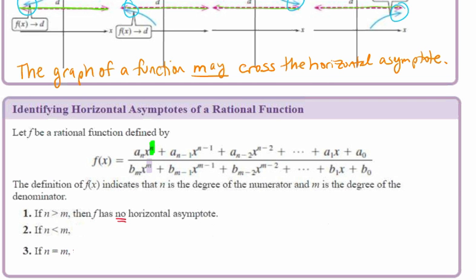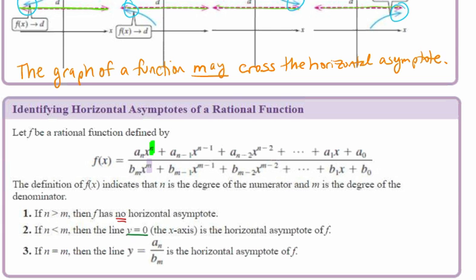But if our numerator's degree is smaller than our denominator's degree, then the line y equals 0, or the x-axis, is going to be the horizontal asymptote of f. And if the degrees are equal, then the line y equals a sub n divided by b sub n is the horizontal asymptote of f. Notice that just means I'm taking those leading coefficients and dividing them. And that becomes the line for my horizontal asymptote of f.